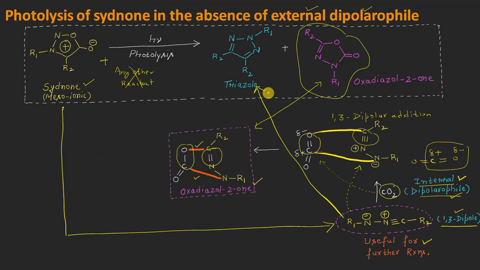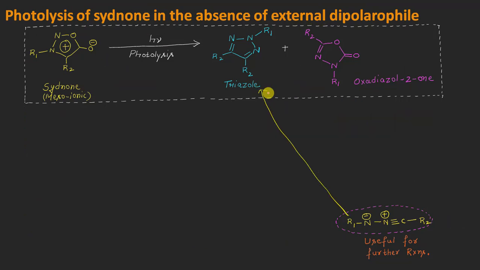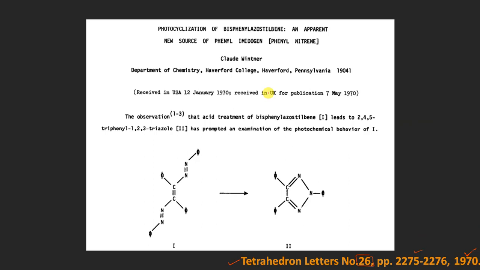But I have a source for that mechanism, and it is this publication here, which once again let me read for you. It is from Tetrahedron Letters, a very respected journal in the world of chemistry, right? So here you can see that this is this structure here.